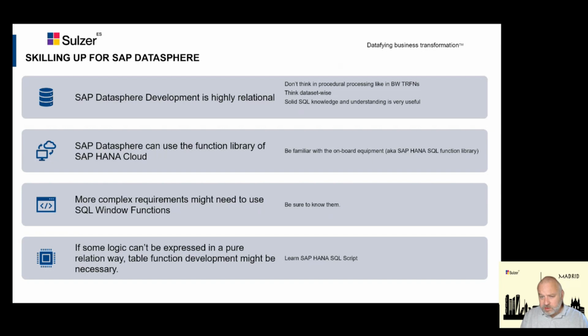Datasphere has access to the full library of functions that is offered by SAP HANA Cloud. Of course, these are all these string operations and the data type conversion functions that you can expect. But one nice thing about SAP HANA database is that it also offers very specific SAP functionalities in simple function calls.